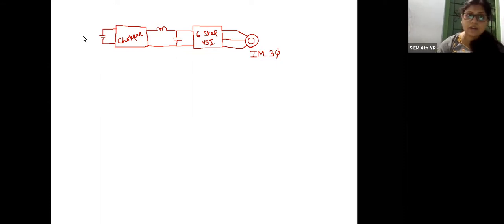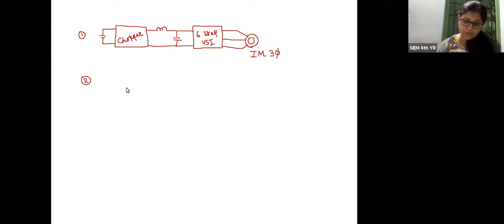This is number one. Number two, we can design a VSI fed induction motor drive this way also.